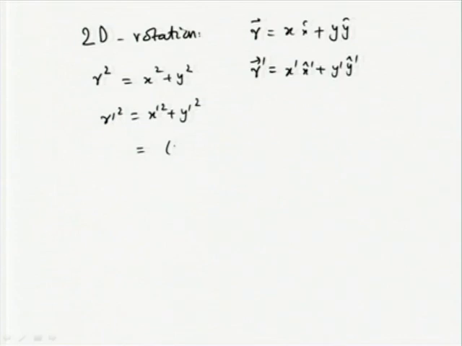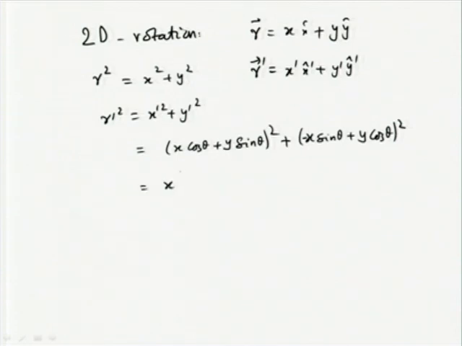Write it exactly as (x cos theta plus y sin theta) whole square plus (minus x sin theta plus y cos theta) whole square.